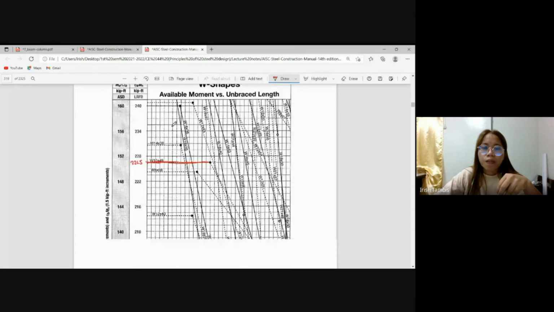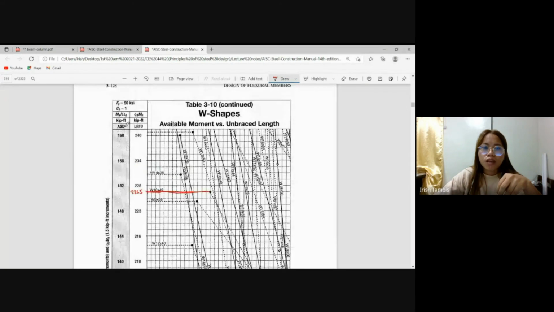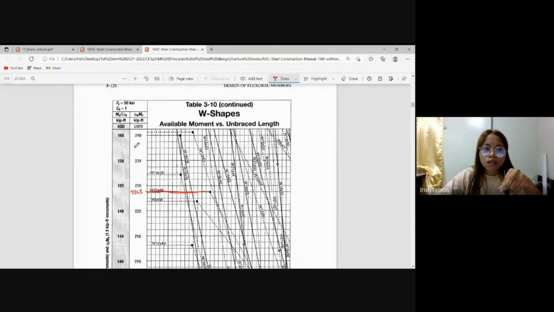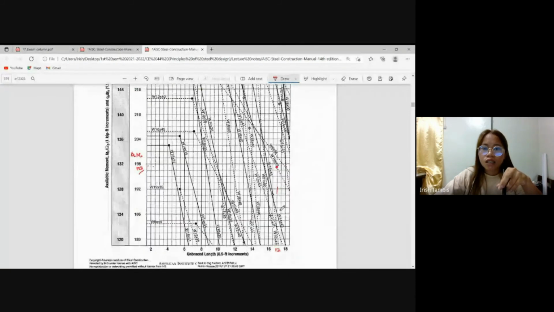If you notice, this first column here is for ASD, and the second is for LRFD. So, if you look at it, this value, the M sub N, nominal moment divided by the factor of safety for ASD is 131.17.